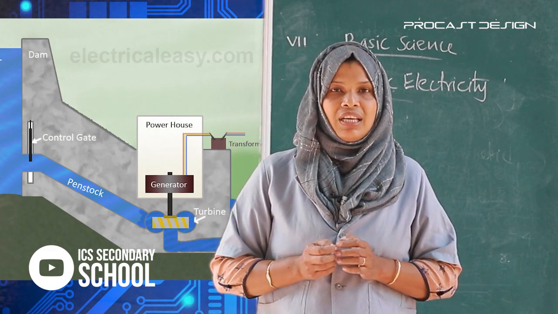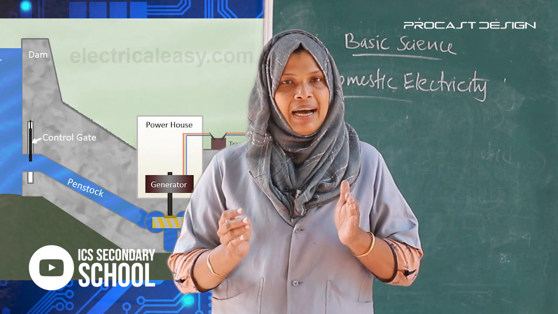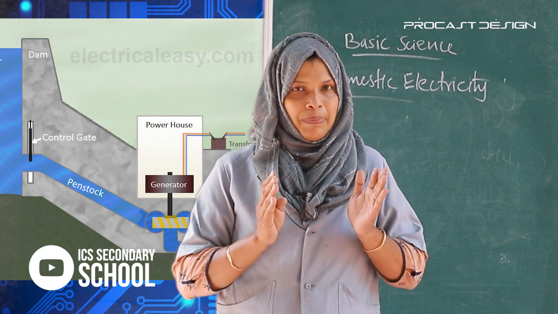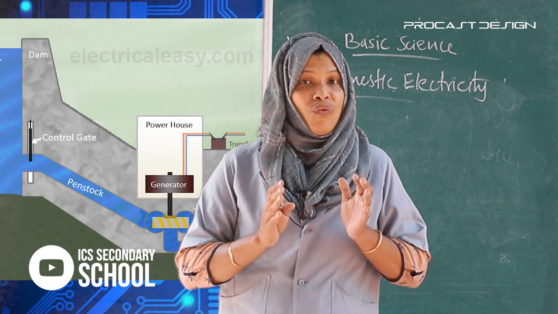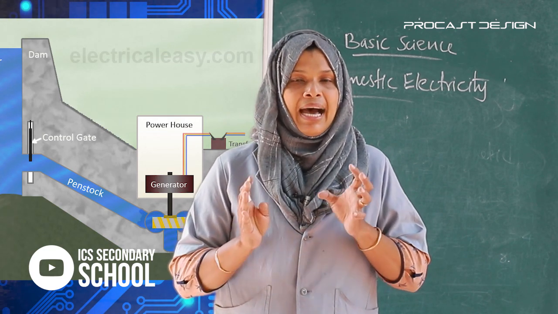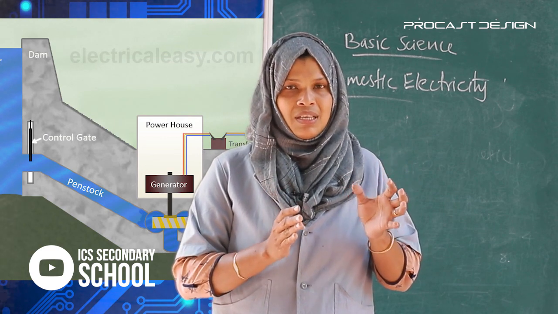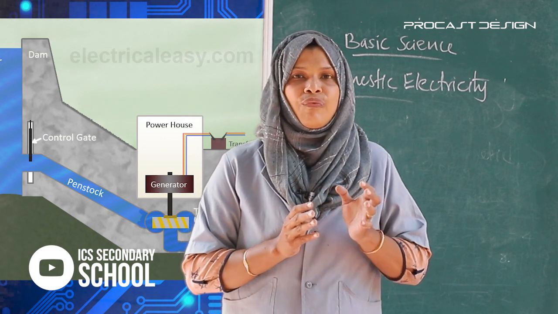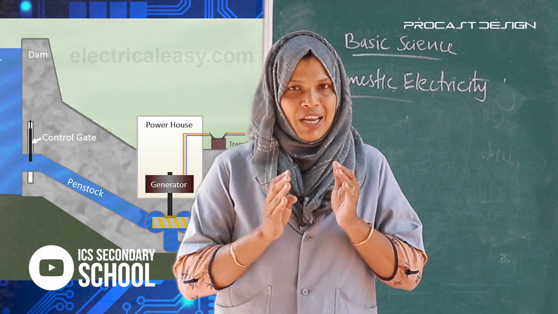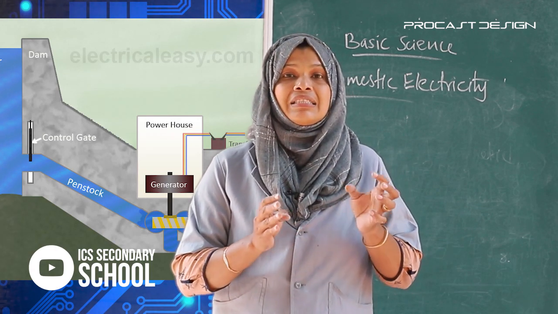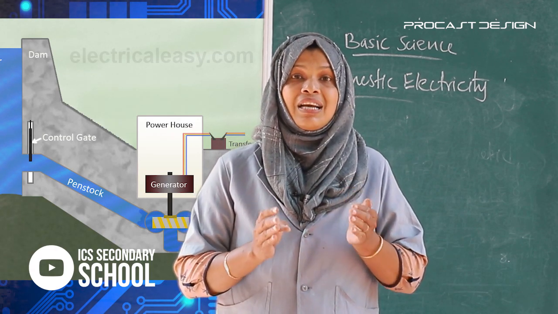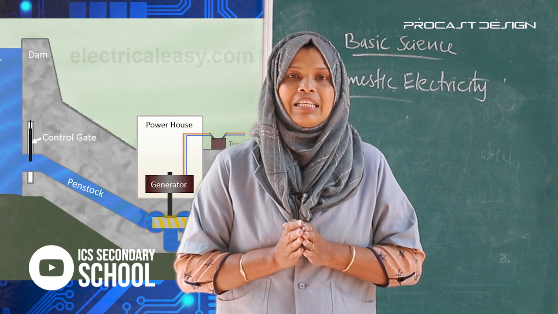Water is stored in dams, and that water stored at a height flows through the penstock and reaches the turbines that are placed at a lower level.